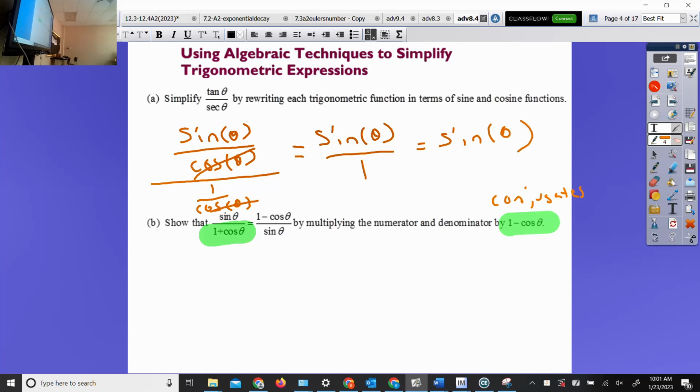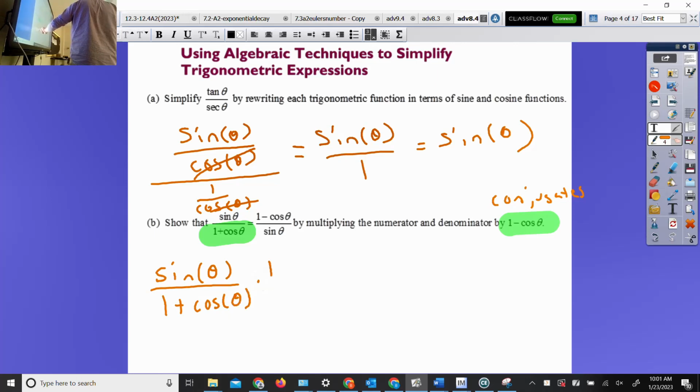Okay? So our goal is to prove the left is equal to the right. That's all it is. And their suggestion is to multiply the left-hand side by the conjugate. I haven't done these in a minute.